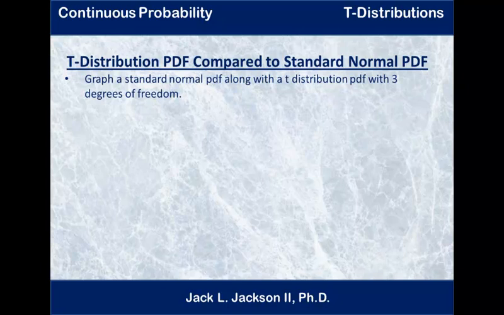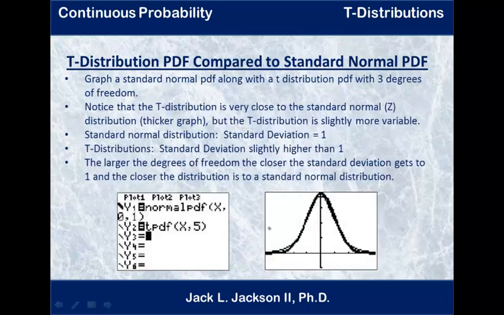Okay, now that you're back, hopefully you've graphed these two things, and you got a graph that looks something like this. We put in the normal PDF from X using 0 and 1, or of course you can just leave out the 0, 1. It'll default assume that you have a standard normal there, 0 mean and standard deviation 1. And then here's our T PDF with 5 degrees of freedom. And so the darker one, notice I've made this one bolder, is the normal.